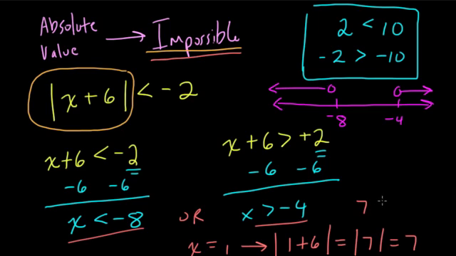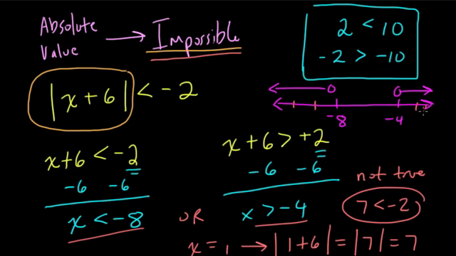But 7 is not less than negative 2. It creates a not true statement. And I encourage you to pick other number values. As you try to solve it, you realize that there is no x value that you can plug in, take the absolute value of it, and get a negative number, because you can't get a negative distance.